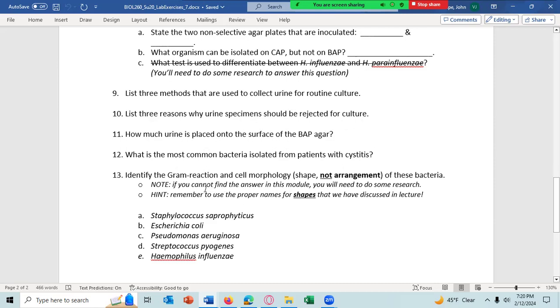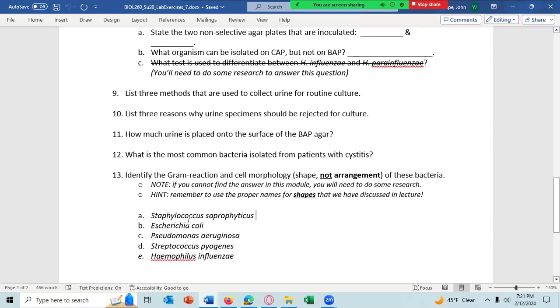13, identify the gram reaction and the cell morphology, meaning give me the gram stain and the shape for these bacteria. If you cannot find the answer in the module, you need to do some research. Most of them are in the module, but this module, I forgot to mention that, has a supplement at the bottom of it.